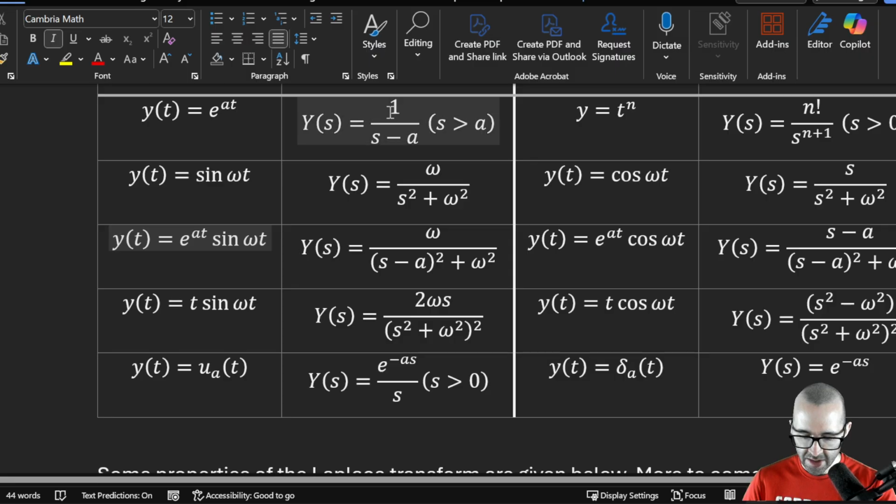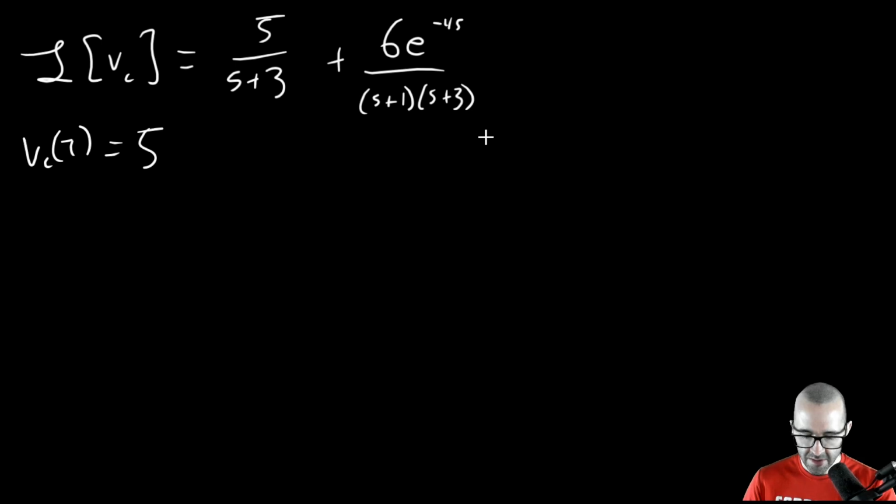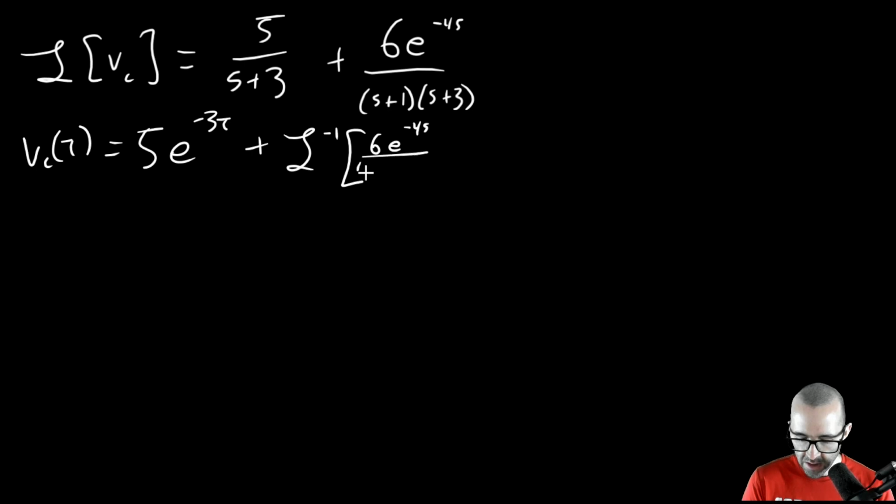Right? It's just, the 5 comes out in front. A is just negative 3. Yep. 5 e to the negative 3t plus the inverse Laplace transform of this nonsense. Okay? So I'm going to leave the 6 up here for now. Inverse Laplace transform of 6 e to the negative 4s all over s plus 1, s plus 3.